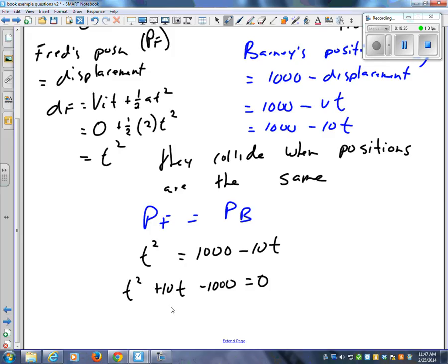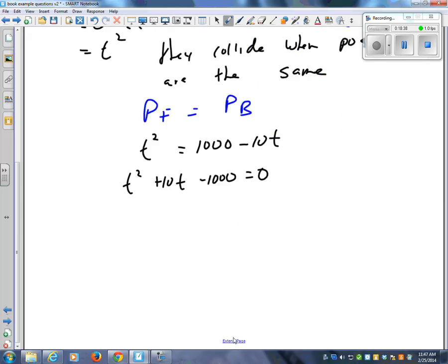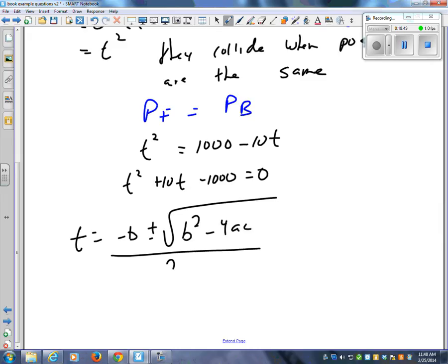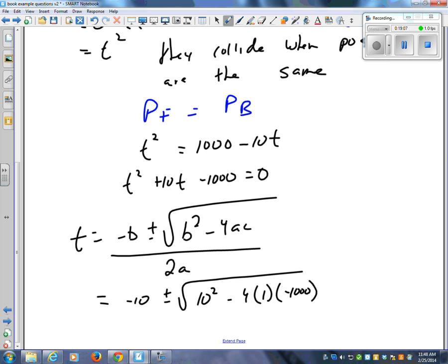No. Let's go to the quadratic formula. t is equal to minus b plus or minus the square root of b squared minus 4ac, all over 2a. Minus b is minus 10, plus or minus the square root of 10 squared minus 4 times a is 1, c is minus 1,000, all over 2a.